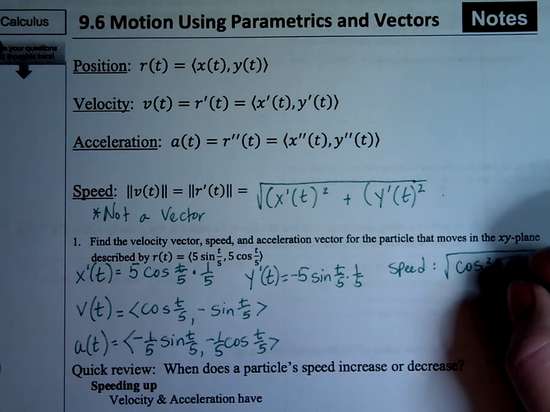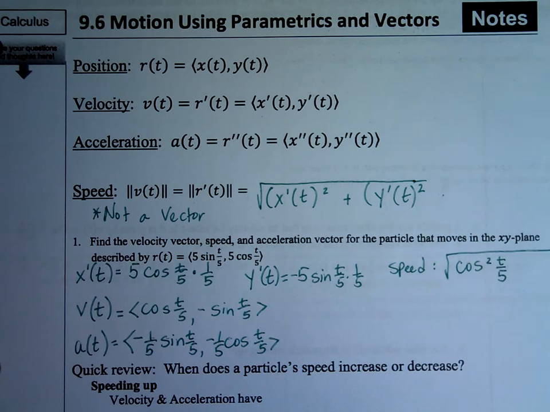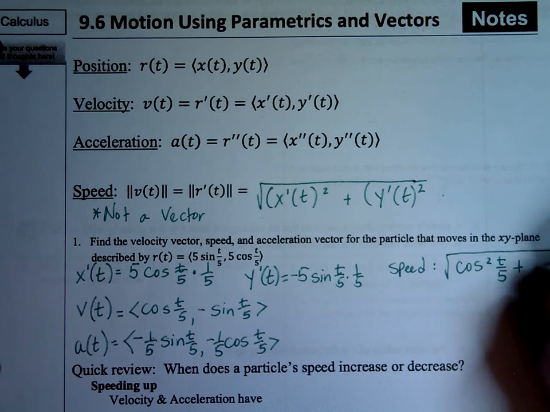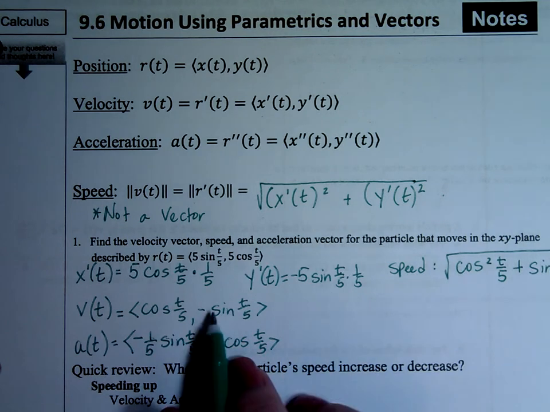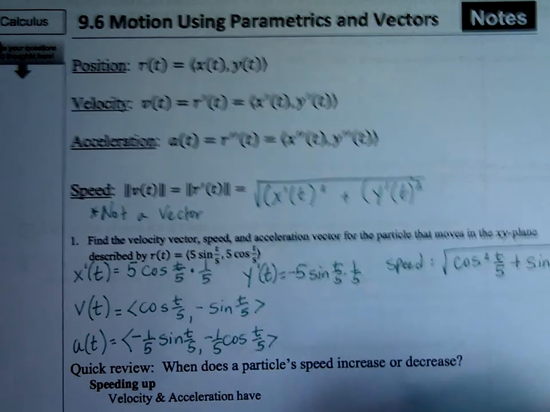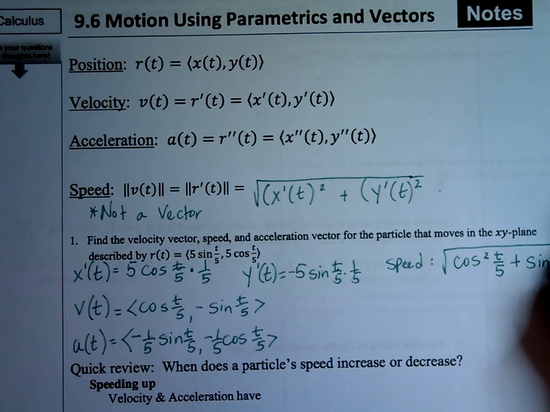I'm just going to write it this way and you'll see why in a second. Cosine squared of t over 5. And then same thing with my sine, plus the sine squared. Technically it would be negative sine times negative sine, but they turn positive. Sine squared of t over 5.